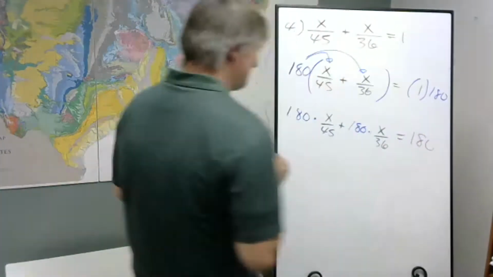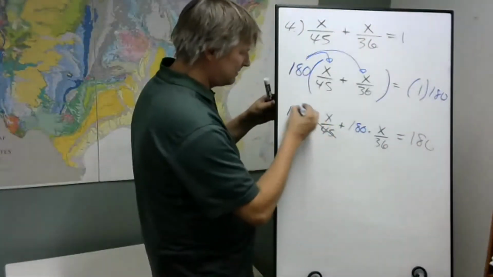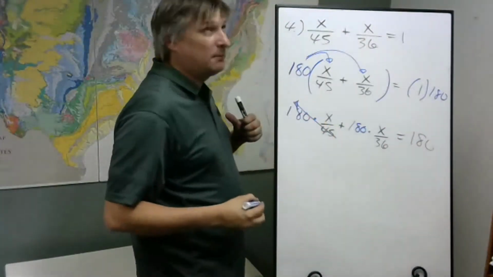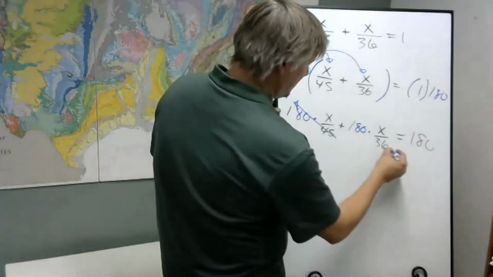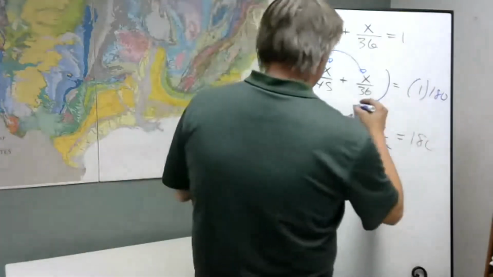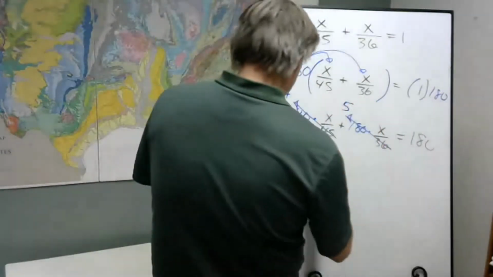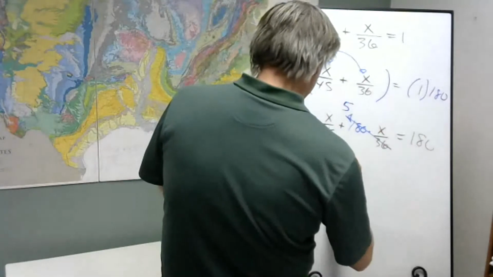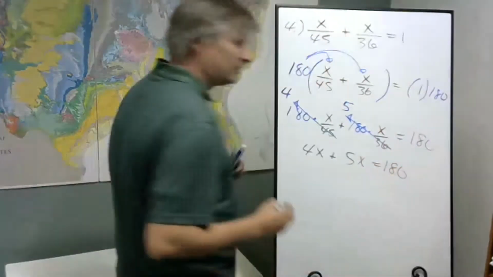And I'll just be 180. So 45 goes in the 180 4 times. 36 goes in the 180 5 times. So what we're going to get, 4x plus 5x is 180.